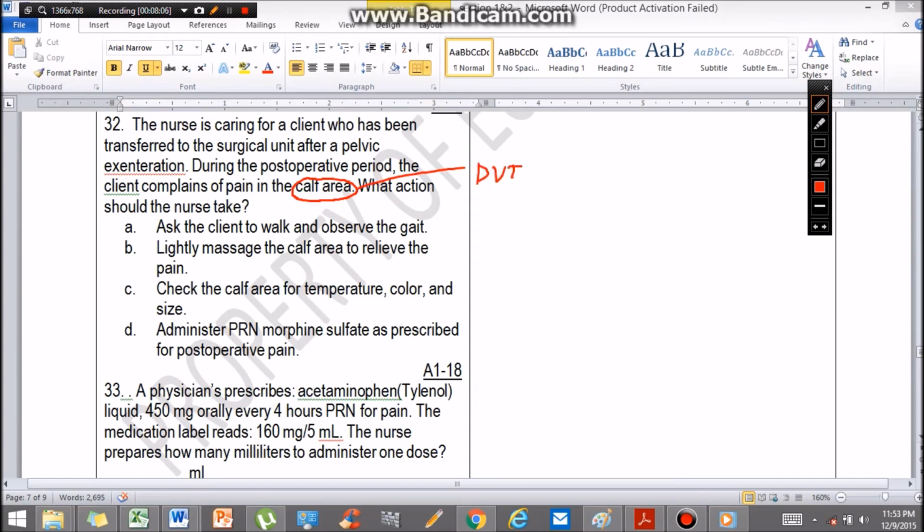So lightly massaging will be contraindicated. Administering morphine is not related to possible DVT. Remember, this is the issue here. So between A and C, the answer is letter C because this will provide additional signs and symptoms or assessment to confirm if the client has DVT.